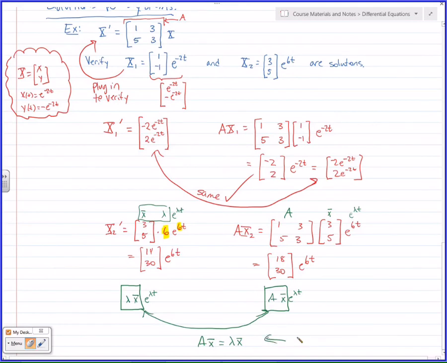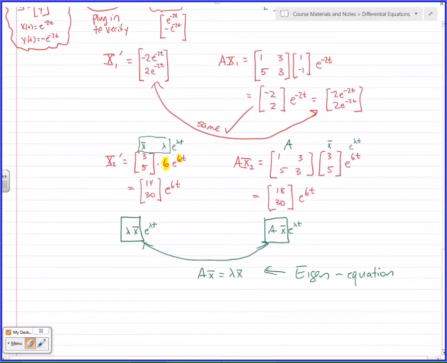That's the eigen equation, right? Eigenvector, eigenvalue equation. Finding a lambda and x that satisfies this is finding the eigenvalue and eigenvector that goes with it. If you find that, then the vector times e to the eigenvalue t is going to be a solution.